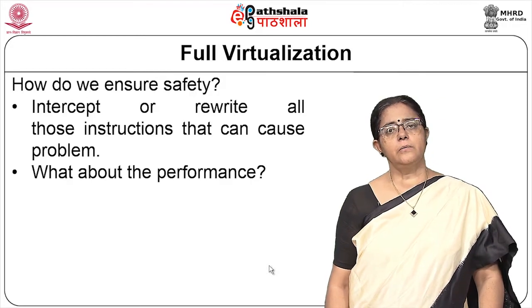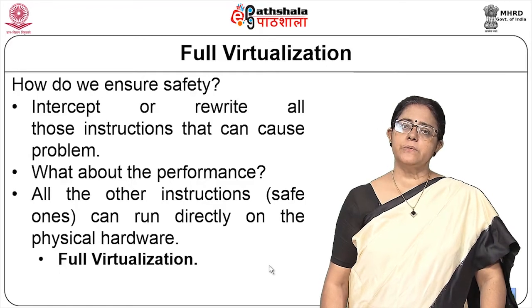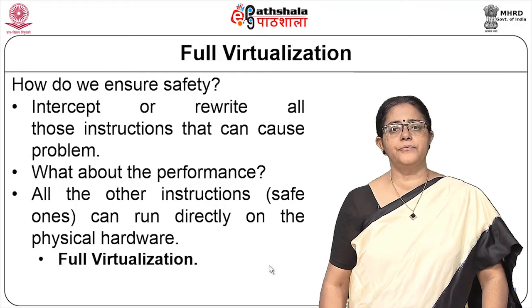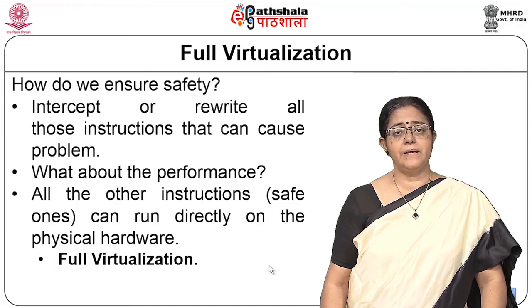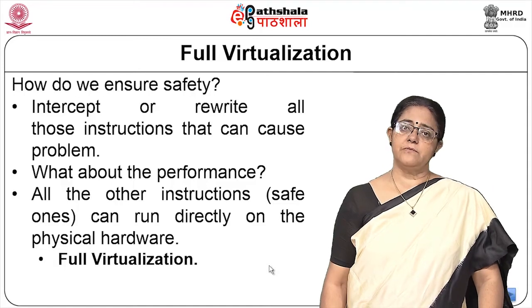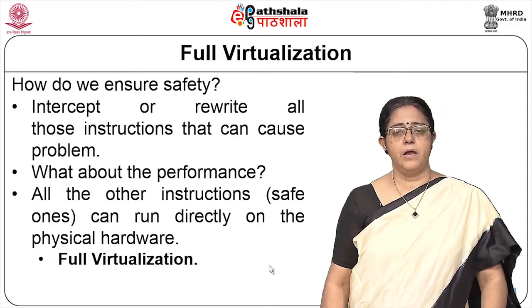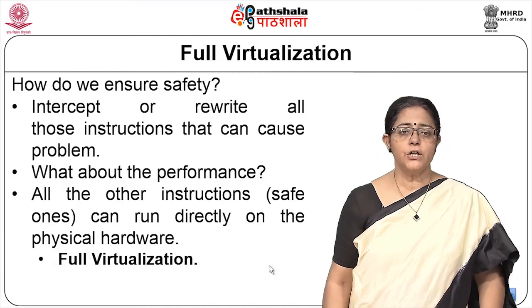So, what will happen to the performance? Of course, in Popek-Goldberg, one of the properties of a VMM is that the performance of a virtualized environment should be near native. How do we obtain that in a practical environment?